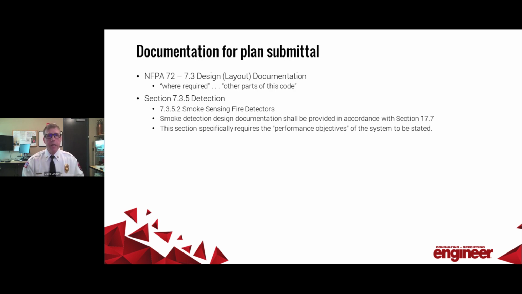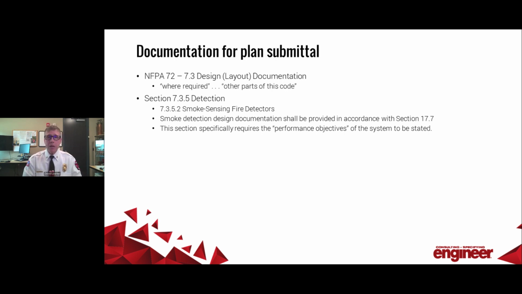It states that smoke detection design documentation shall be provided in accordance with section 17.7, which is the detection chapter, and .7 in that is smoke detection, right? Well, that particular section, which is the other part of the code, specifically says that the designer has to list the performance objectives of that smoke detection device, right?